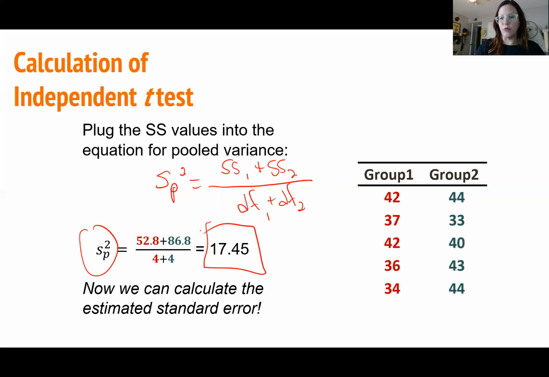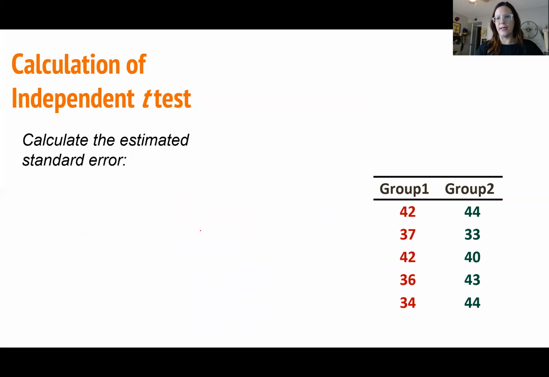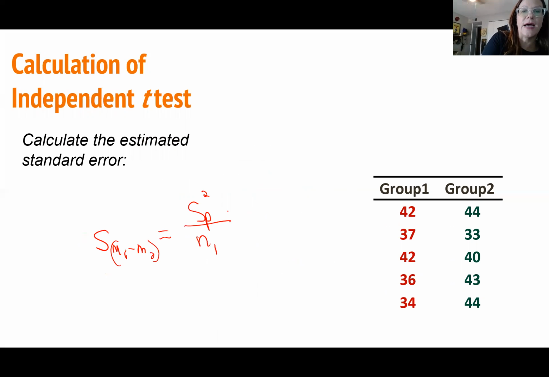So now we have our pooled variance, we can plug that in to our estimated standard error. I'm sorry, I don't know why this blacked it out. What was it? 17.45. So our estimated standard error equation is the pooled variance divided by the sample size plus pooled variance divided by the second sample size, all under the square root, okay?